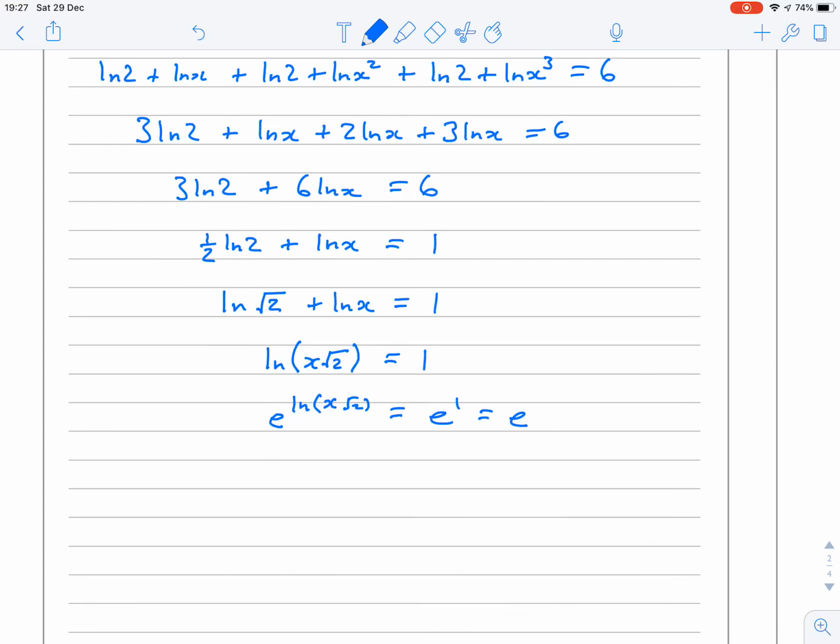And e to the log (x root 2) is x root 2. So x root 2 is equal to e, to give a final answer that x is e divided by the square root of 2.